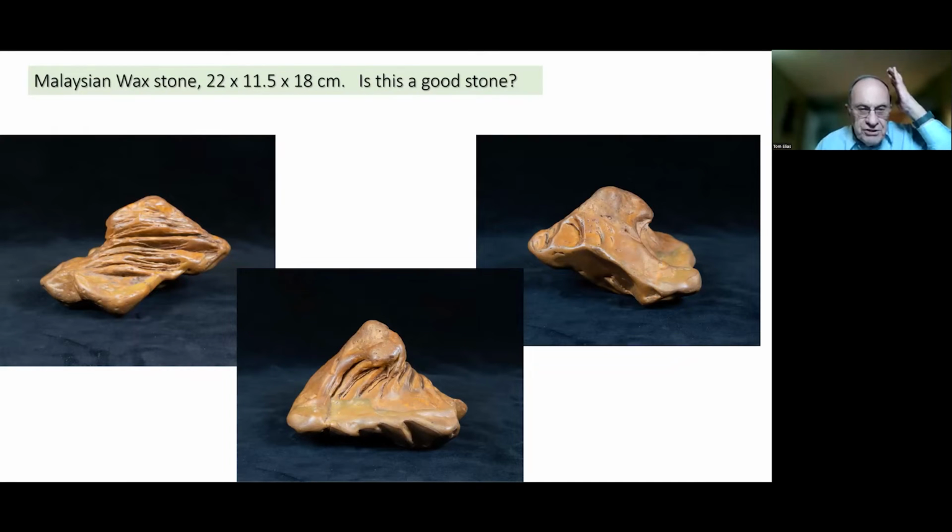This stone we showed you at the very beginning. This is a silicaceous wax stone. And I saw this stone when we were in Malaysia visiting a couple of private collections. I was particularly attracted to this stone for its form and for its color. It's very hard.